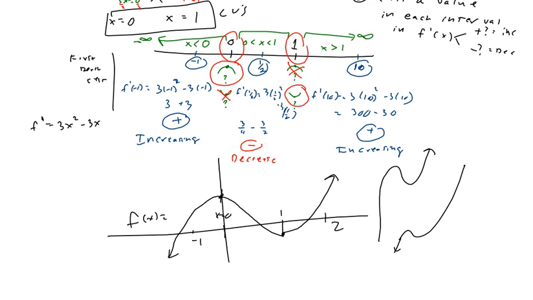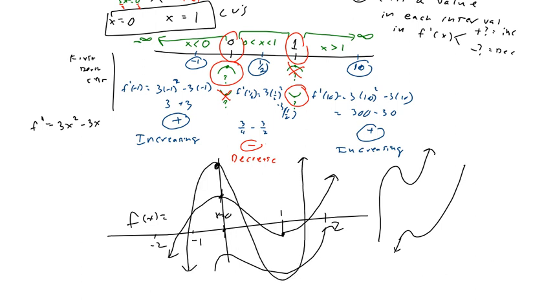I don't know if it peaks at the top here, maybe it peaks out down here, maybe it looks like this. I don't really know, but I know that there's a max at 0 and a min at 1. And so I know that about the graph based on this first derivative test.